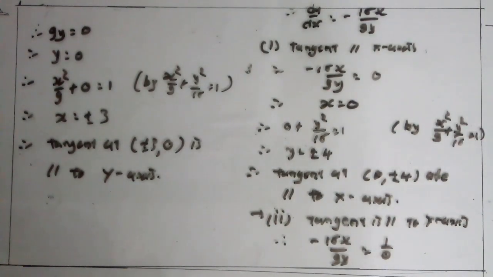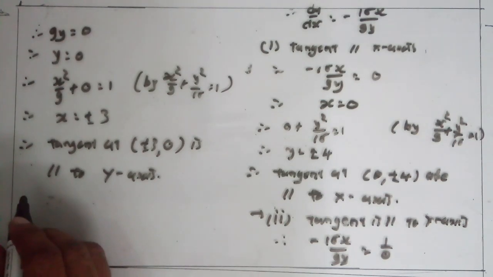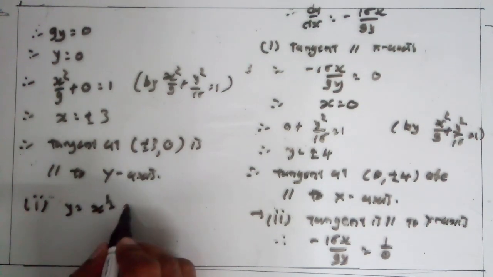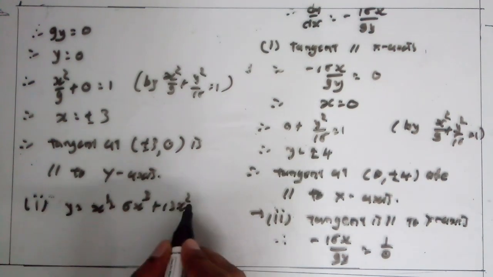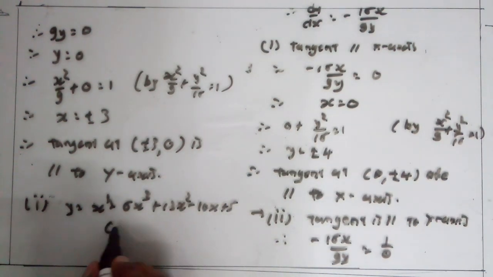Okay. Now question number 14. In question 14 given, find the equation of tangent and normal to the given curve at indicated point. First equation given, y is equal to x raised to 4 minus 6x raised to 3 plus 13x square minus 10x plus 5, and indicated point given 0, 5.